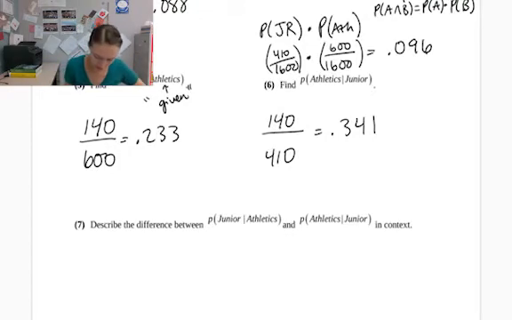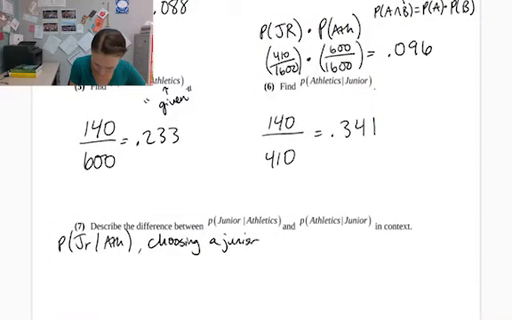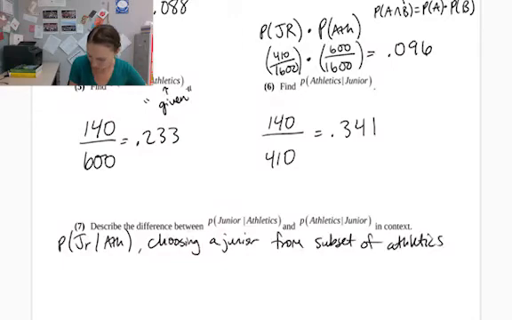So in context, the probability of junior, given that they're in athletics, is choosing a junior from the subset of athletics. So only looking at the subset athletics and choosing a junior from there.